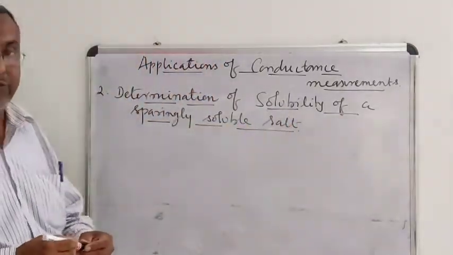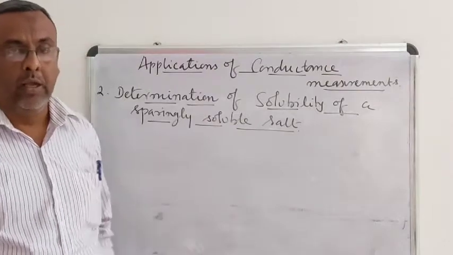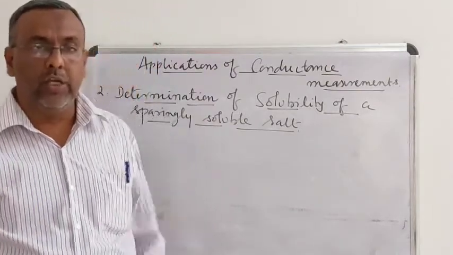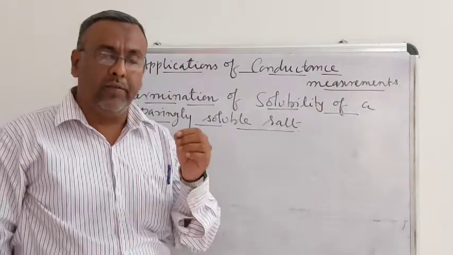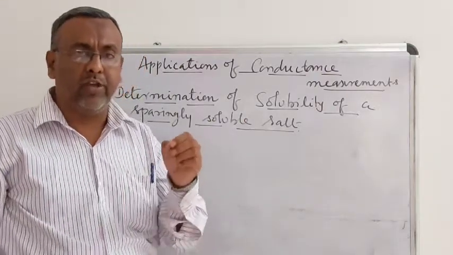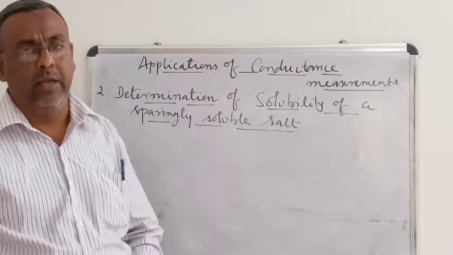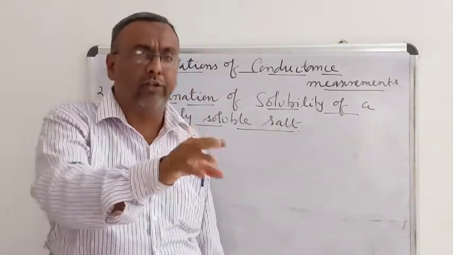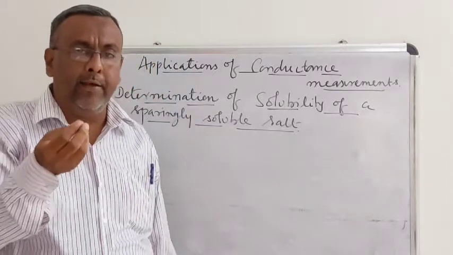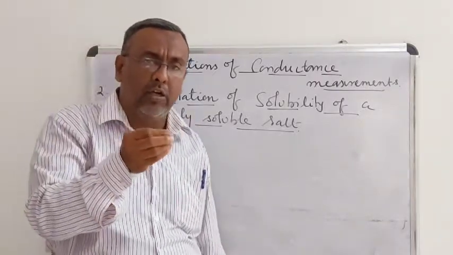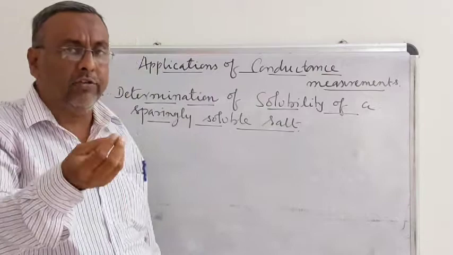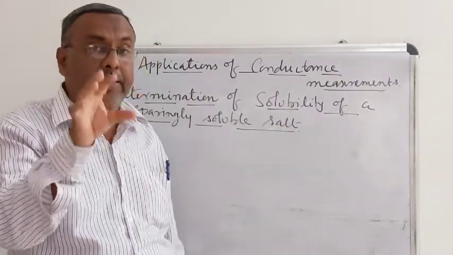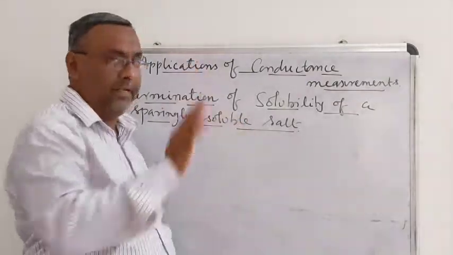What is meant by a sparingly soluble salt? There are some salts which are soluble in water to a very little extent. A very minute quantity of salt will go into the solution. Even a minute quantity of salt that has gone into solution in the form of ions can be easily determined by conductance measurement.